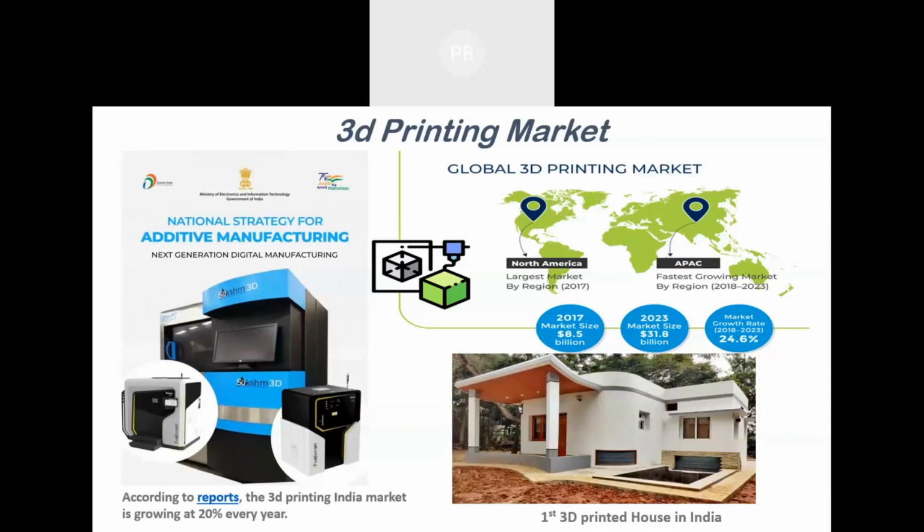That is the vision of the Indian government, which started with the national strategy planning of additive manufacturing at the end of February. It has now been handed over to big institutes like CMERI and CMTI, which are government-based machine development organizations in India. So they are now growing a fully fledged 3D printing market in India.